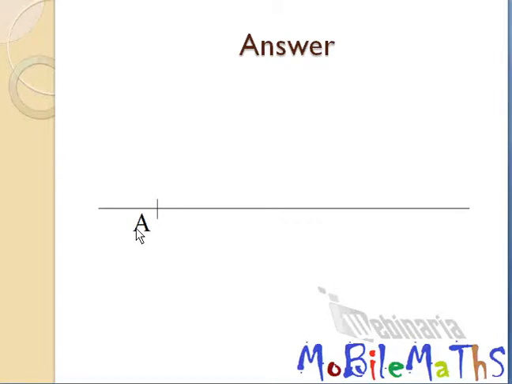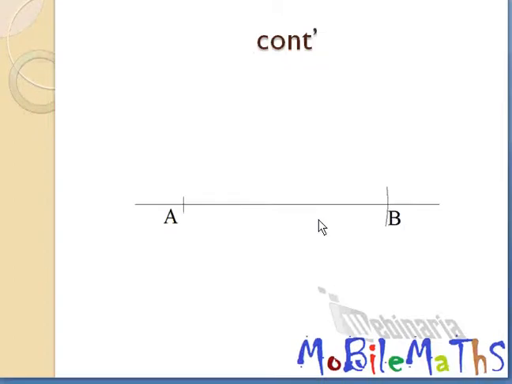I mark it at this point and call it A. After marking point A, I take a ruler and place my sharp point on the 0 mark on the ruler and measure 10 centimeters. I can open my compass to measure 10 centimeters on the ruler. After marking, I can now draw an arc from point A going this side, which is 10 centimeters.